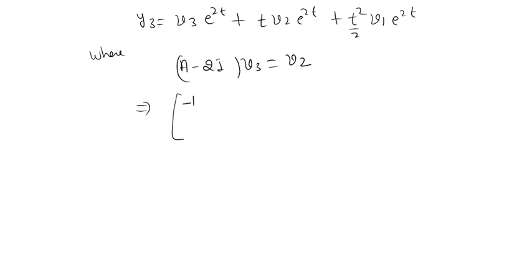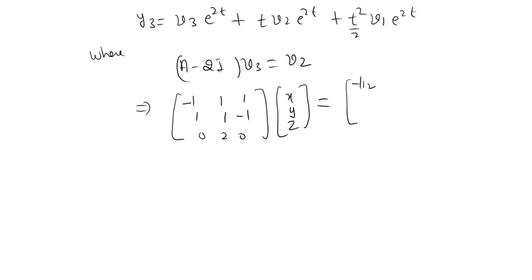So minus 1 1 1, 1 1 minus 1, 0 2 0. Assume v3, let us write x y z or a b c, whatever you want to write, and v2 is minus 1 by 2, 1 by 2 and 0, and solve this non-homogeneous system. Okay, so you got the solution.